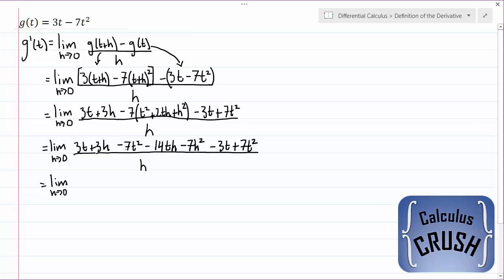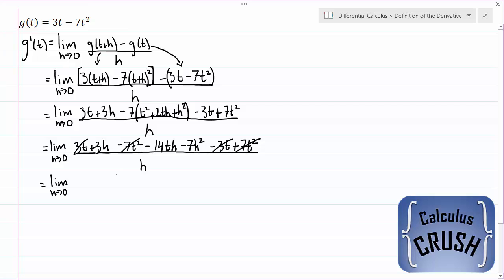Now, what terms can we cancel out? Well, we got a plus 3t here and a minus 3t, so those go away. We've got a minus 7t squared and a plus 7t squared. Those go away. And what else? That's it.